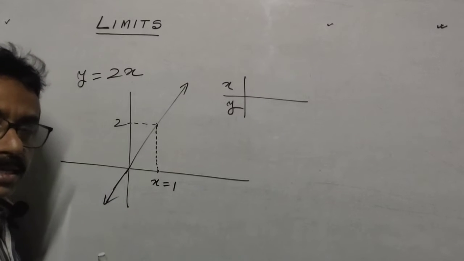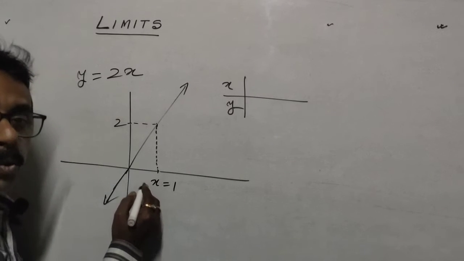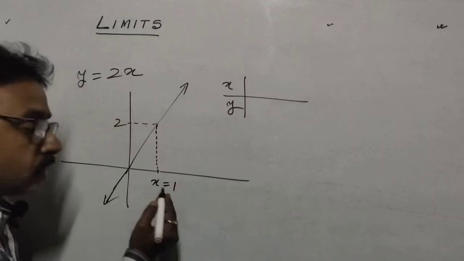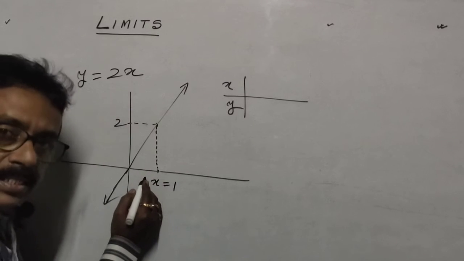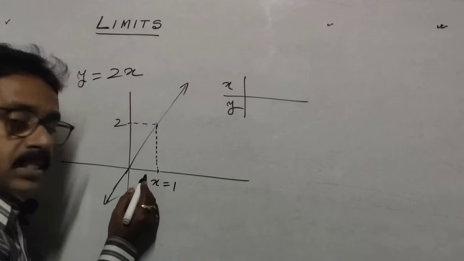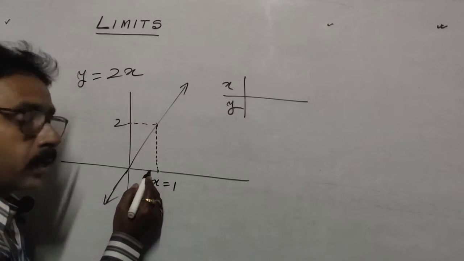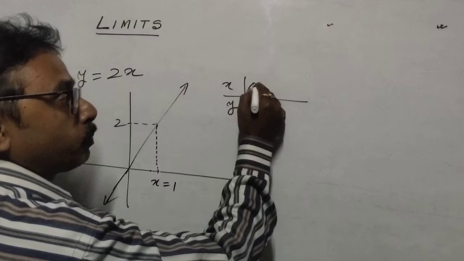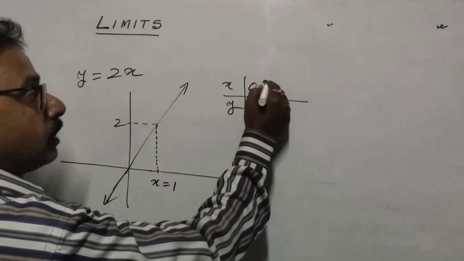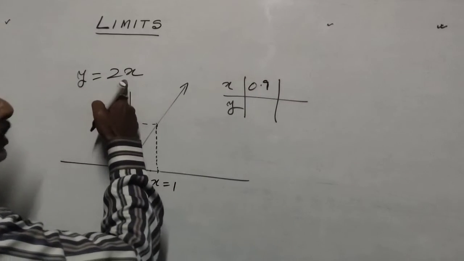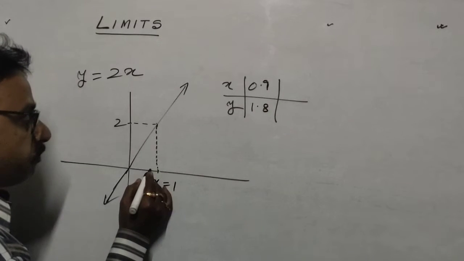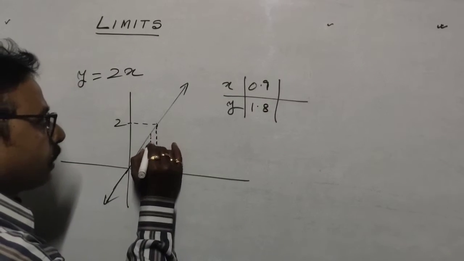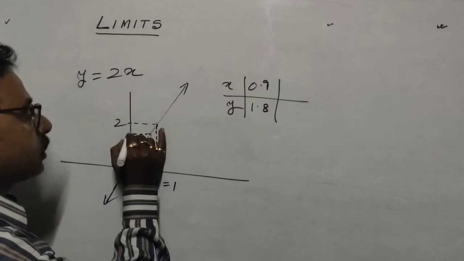Now if I take some values of x which are very close to 1, maybe from the left hand side or right hand side. If I consider the values of x from the left hand side, suppose x equals 0.9, then the value of y for this 0.9 is coming 1.8.